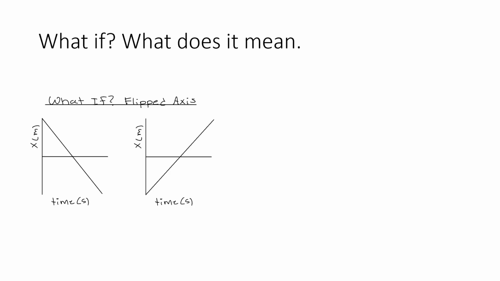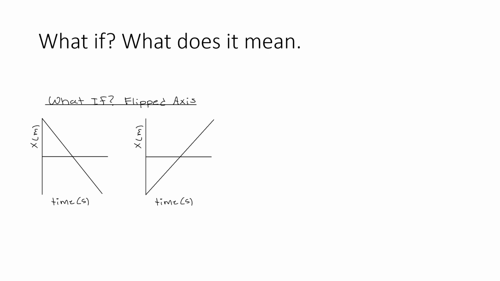The what if, what does it mean? First, the what if you flip the axis. My motion in the video was from right to left, so that would be negative motion, giving you a negative slope in the position versus time graph.